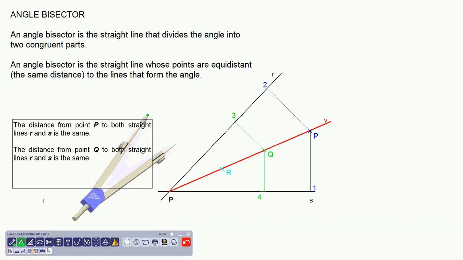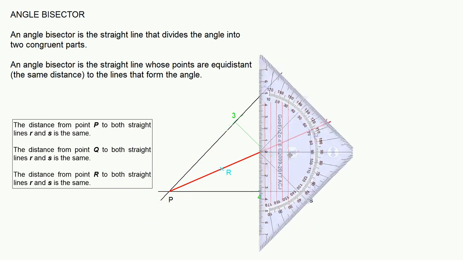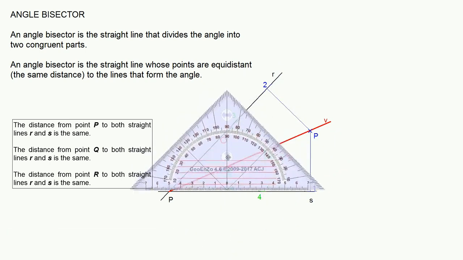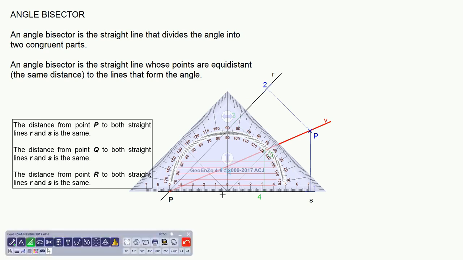And we can do the same with point R, finding out the distance from this point to lines S and R and checking that it's the same.